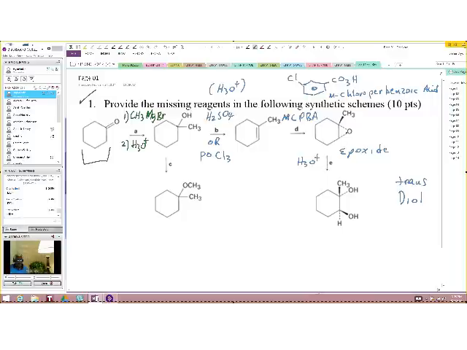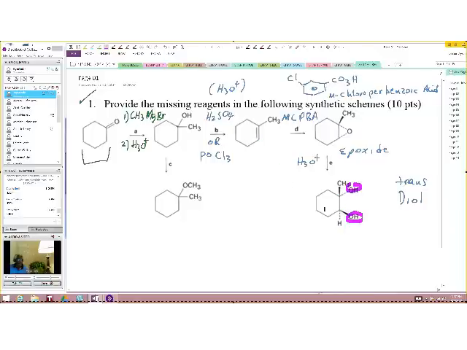The dilute acid will open the epoxide in such a way that the two hydroxy groups, this here and this here, will be trans to each other. So the combination of MCPBA followed by hydronium ion introduces two hydroxy groups across the carbon-carbon double bond such that those two hydroxy groups will be trans to each other.